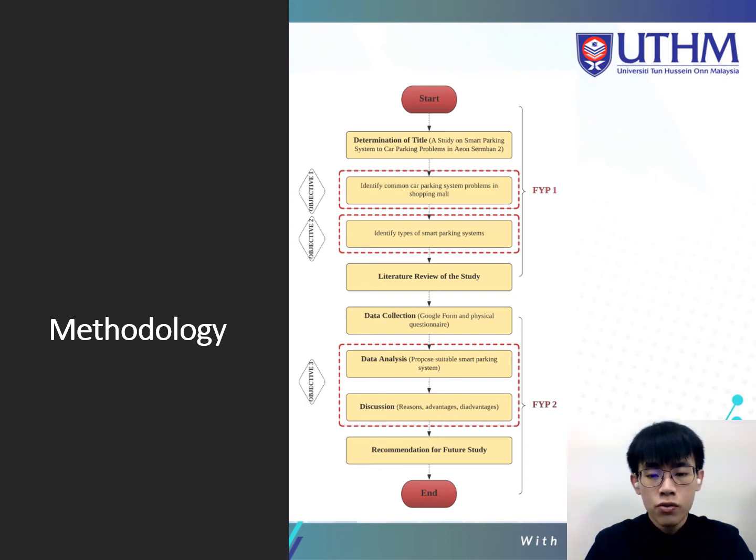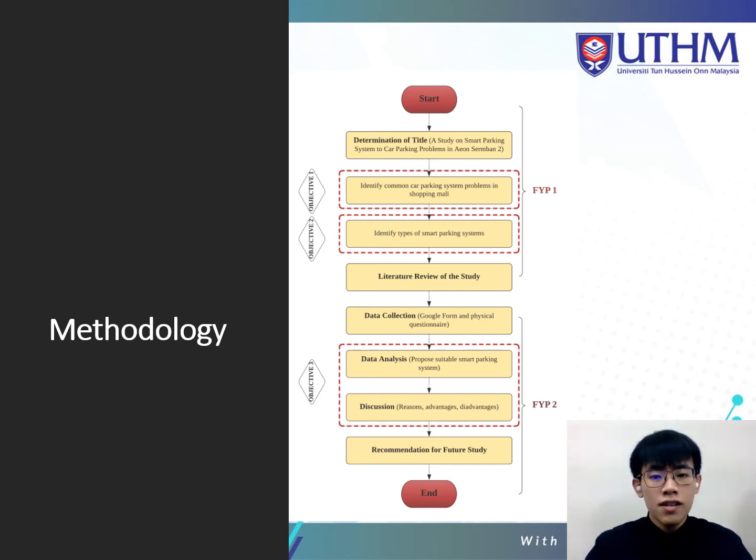The researcher will have to do as much research as possible in order to produce a quality literature review for this study. In this study, there are two methods to be used to collect data, which are Google Form and physical questionnaire. Data analysis is then carried out to propose which is the most suitable smart parking system for the shopping mall.